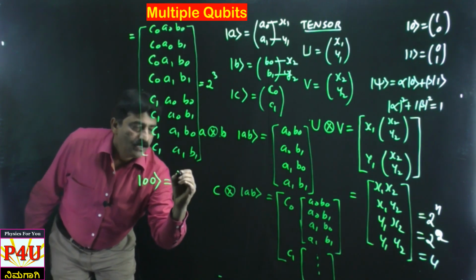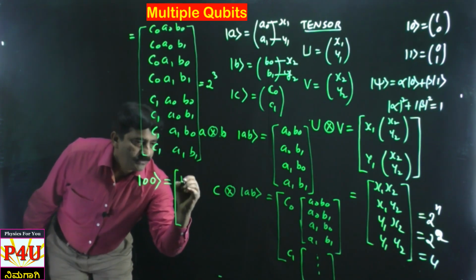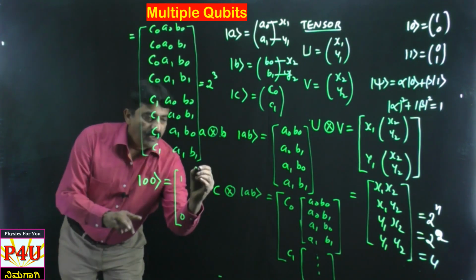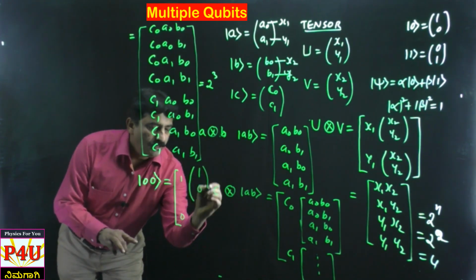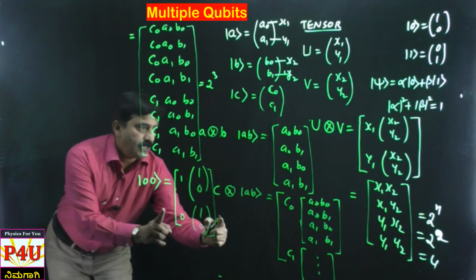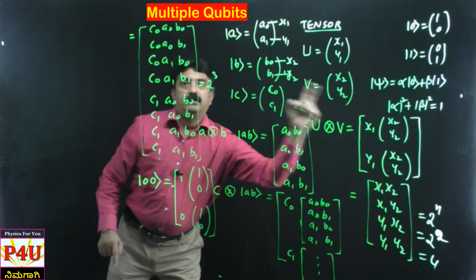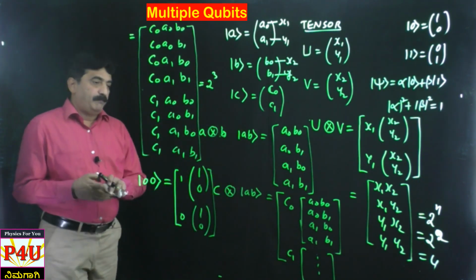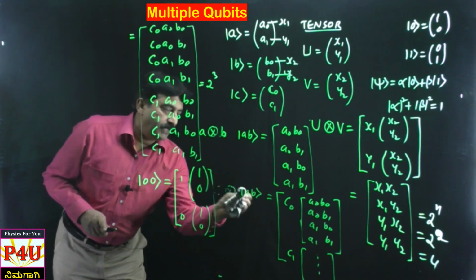That means 1 0, that is for this 0. Next 0, I write 1 0 and again 1 0. Got it? Please check this, compare this with this column vector. Simplify. What will happen? If you simplify, I just erase this part.